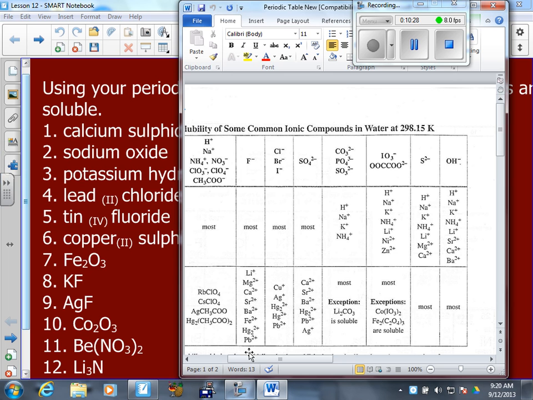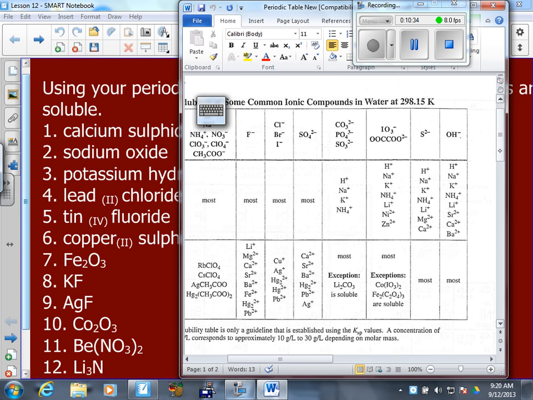Tin 4 fluoride must be soluble. Don't see tin 4 in the non-soluble row. Copper 2 sulfide. Is that sulfide or sulfate? Sulfide. So not soluble. Don't see copper in the soluble row.